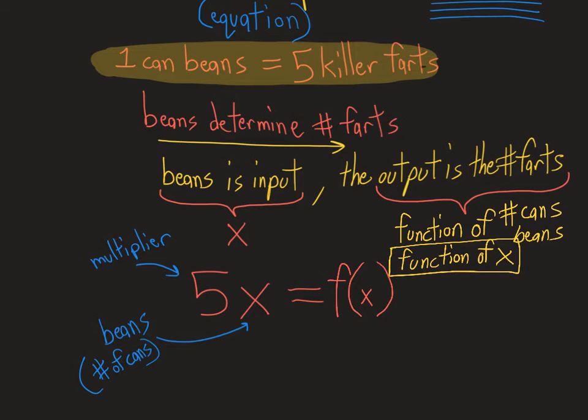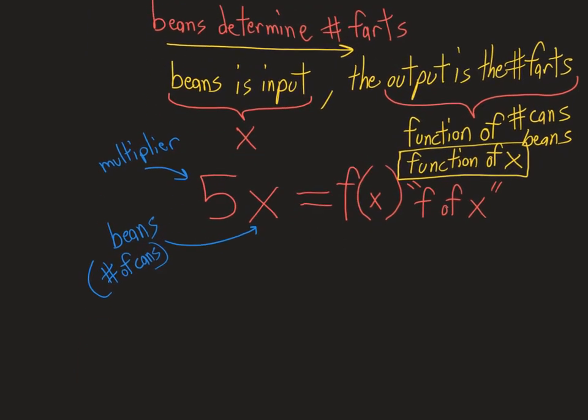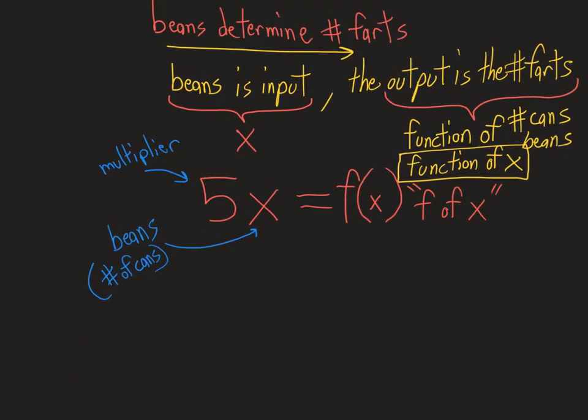And so now we've got an equation where my beans are the input and the output is the number of farts, and so that is a function of x. F of x is another way people say it. F of x. And so now we have this idea where it's an equation, but it's got two variables, and so we also call it a function.